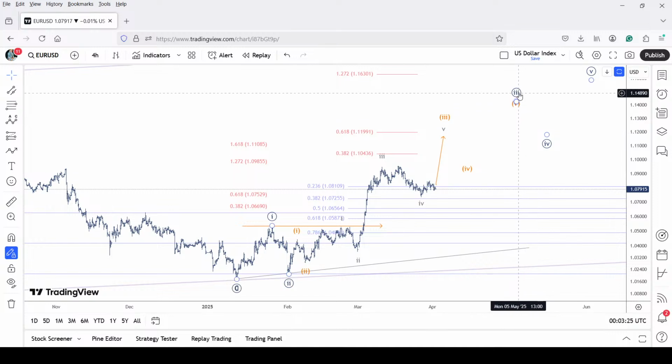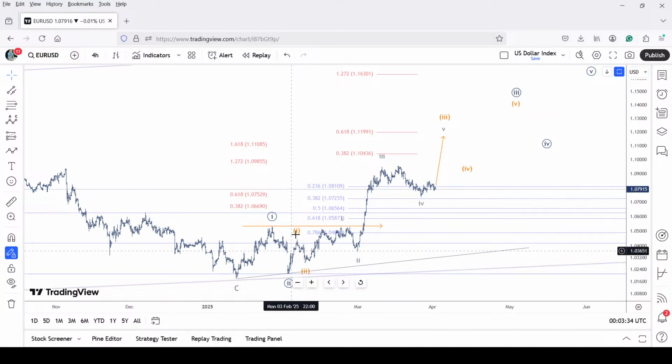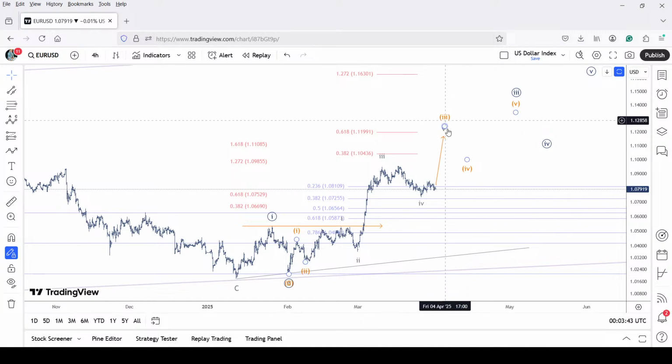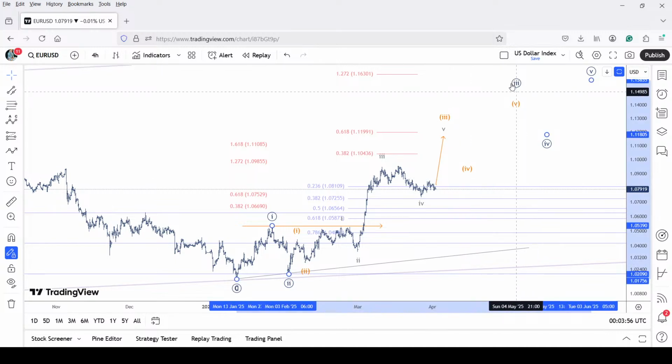So the third wave of a minute degree is still unfolding, and if you look at the lower degrees, minute wave 1, 2, and the third wave is within the last waves, that is sub-minute wave 5, which looks to be unfolding right now. Thereafter, we have two more waves, minute wave 4 and 5, to complete minute wave 3 higher.